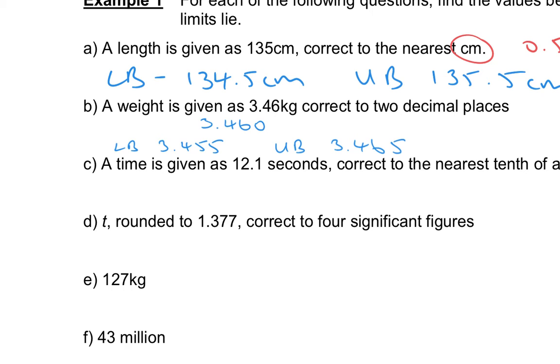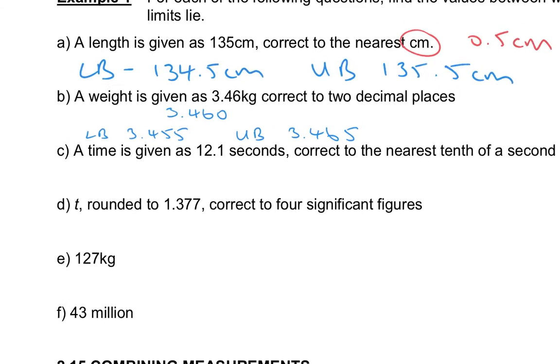So we're really adding on 5 thousandths here. So this is our tenths, our hundredths, our thousandths. But for me, the easiest way to do it is just to add a wee 0 on and then think of that as 60. And then 55 would be the lower bound, and 65 would be the upper bound.